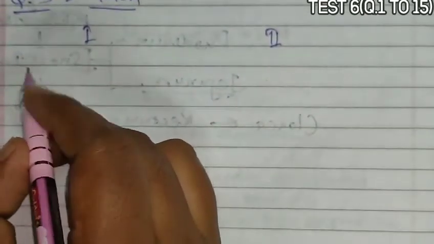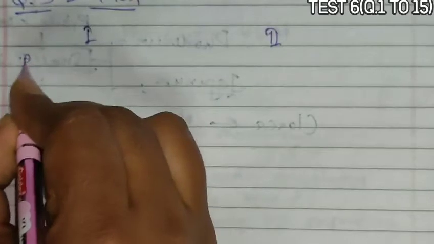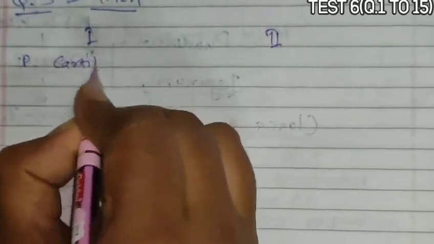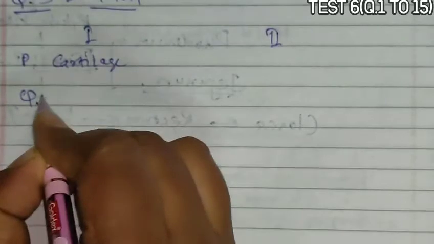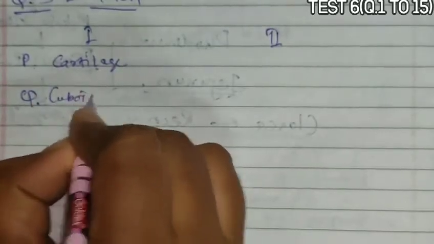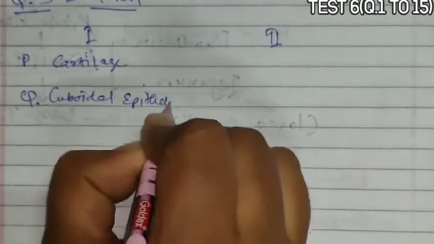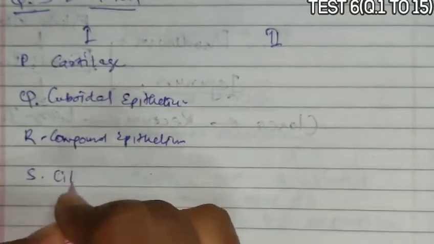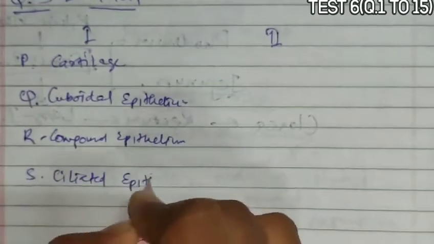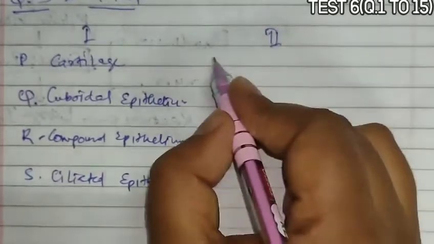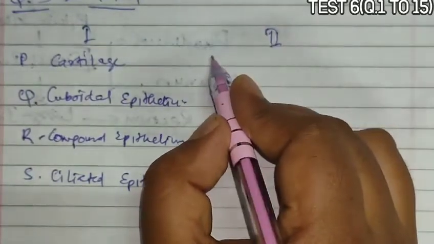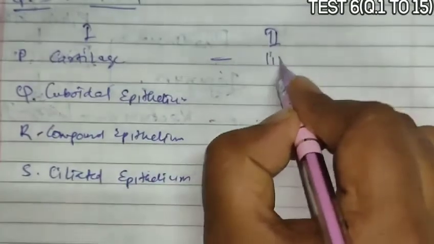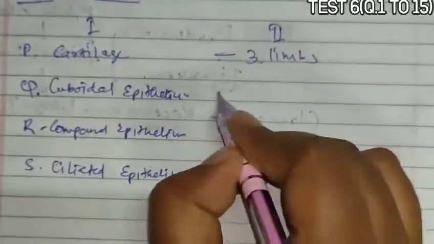In column 1 it is given P as cartilage, Q as cuboidal epithelium, R as compound epithelium, S as ciliated epithelium. In column 2 it is given limbs, so it matches with the limbs.